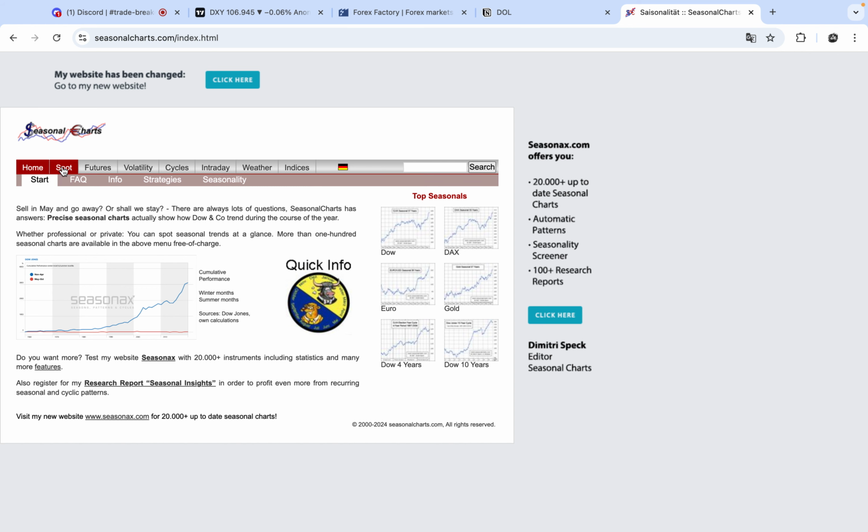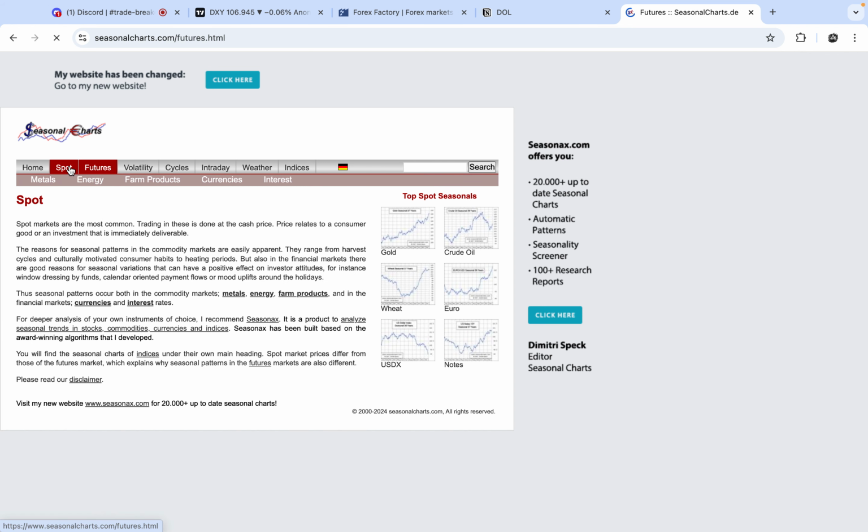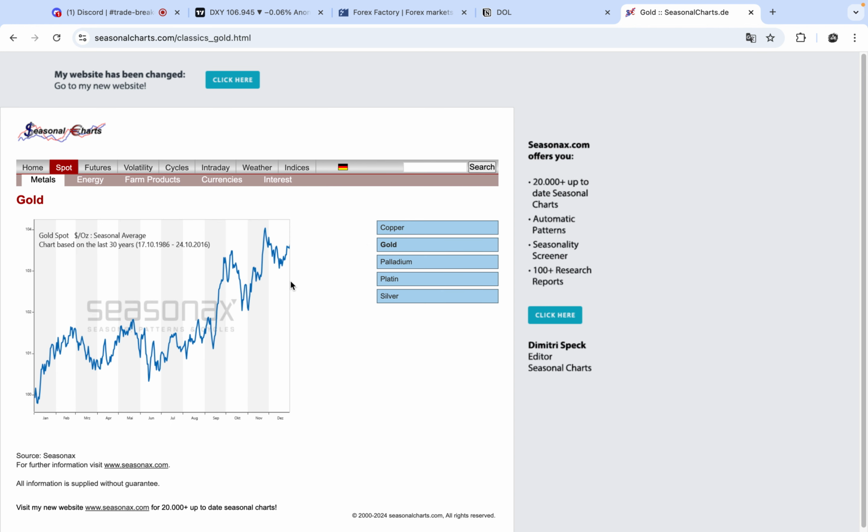If you look at metals and gold, December is not so clear, but look at January, February: bullish, right? And right now on gold, we are here, I think.